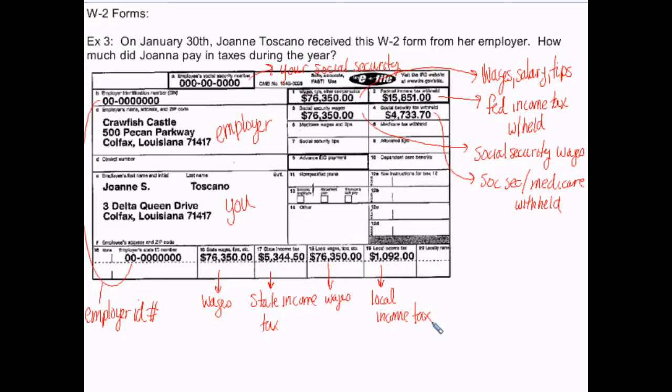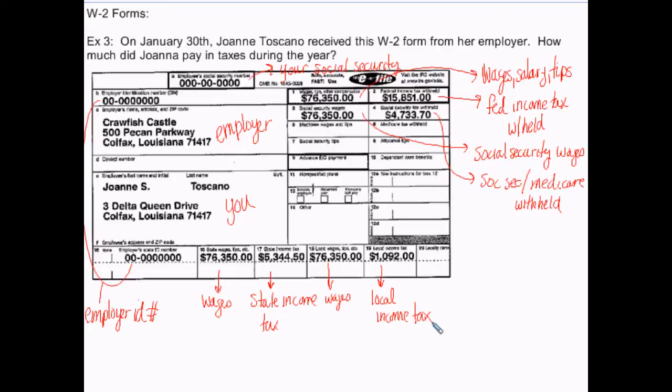Now, when you look at these boxes here, right now they have the same wages in them, $76,350, but they can change. These two don't have to necessarily be the same. We talked a little bit yesterday about taxable income versus income. If you have deductions that reduce your taxable income, like you paid into a retirement plan or you paid into a flexible spending account, those get deducted from your income before you pay taxes.